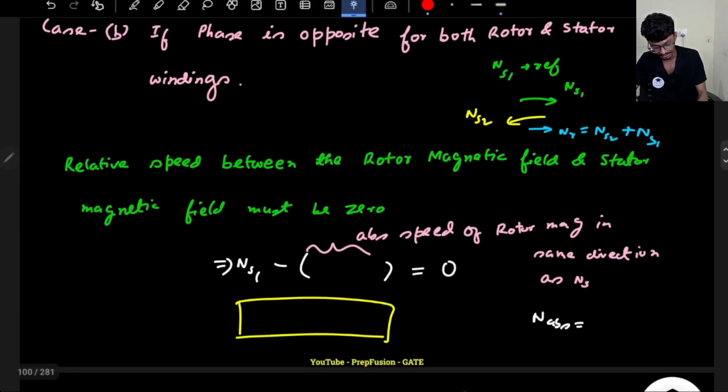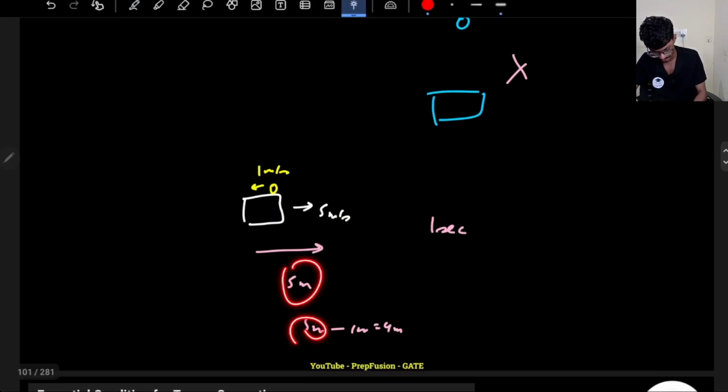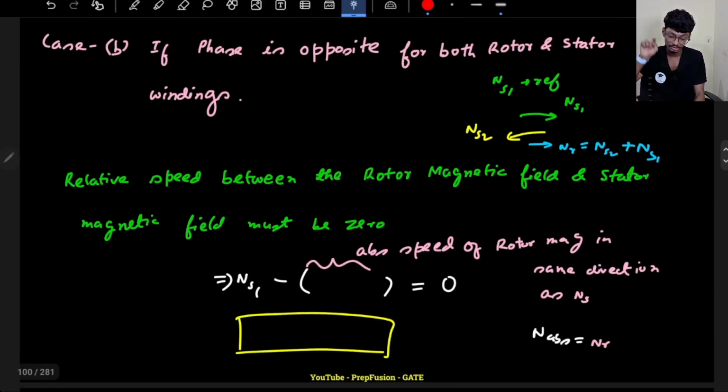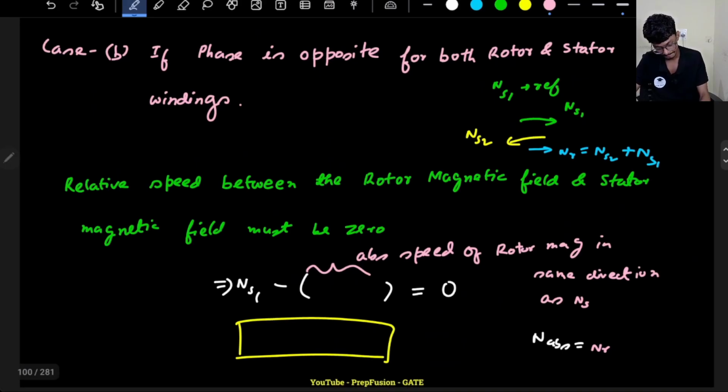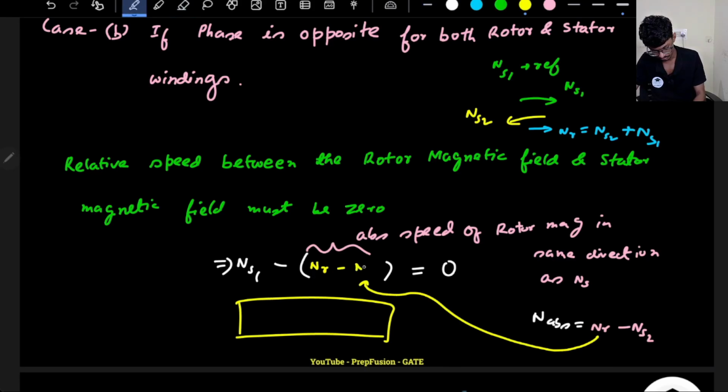So the rotor's speed is nr, so the absolute speed of the rotor field will be nr minus ns2, because the speed of the rotor field is residing on the rotor itself. Now I replace this value over here, so it will be nr minus ns2.